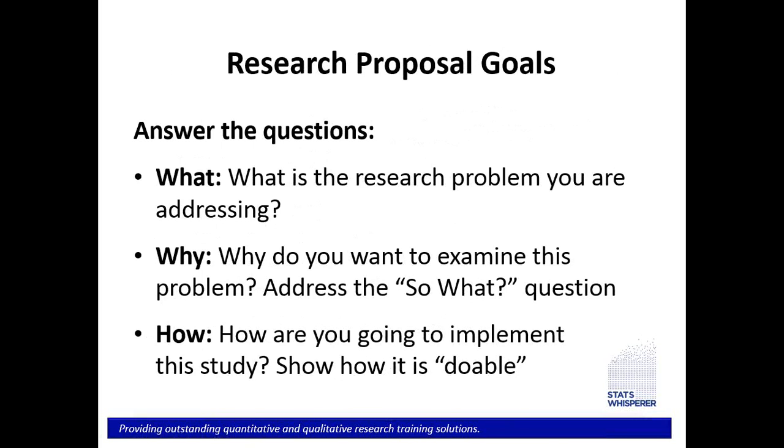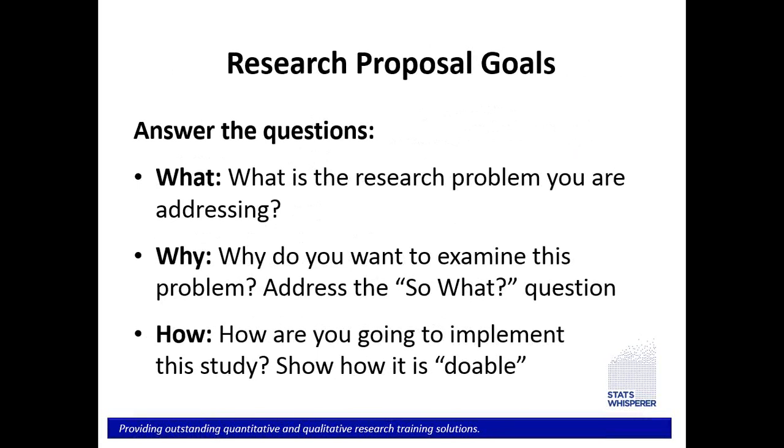Now, across all research proposals, there are these 3 questions. Research proposal goals are to answer these 3 questions. First is what? What is the research problem you are addressing? When we answer that, of course, we want to be very concise. We want to say exactly what the variables are and what the relationship between the variables is.